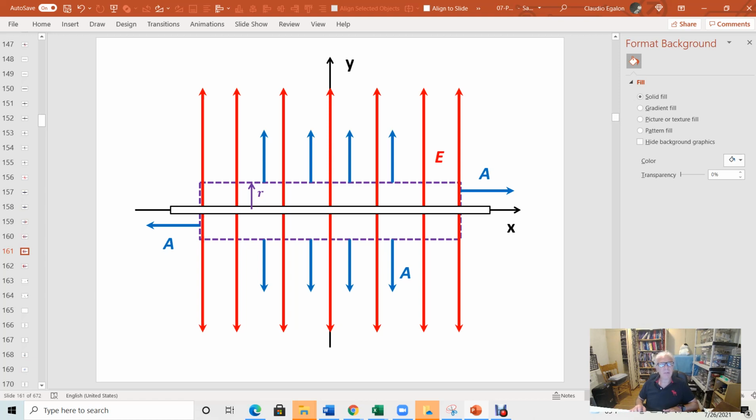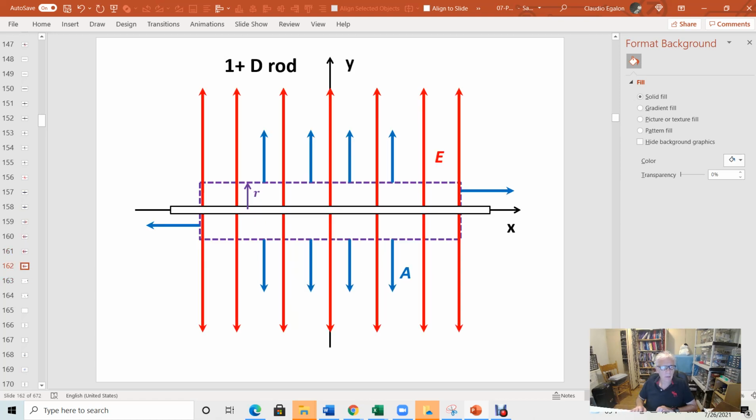So now we're going to have three surfaces. The cylindrical surface, this cap here on the right side, and this other cap here on the left side. So let's start working on that. Let's say this length here is L. Did I put L there?